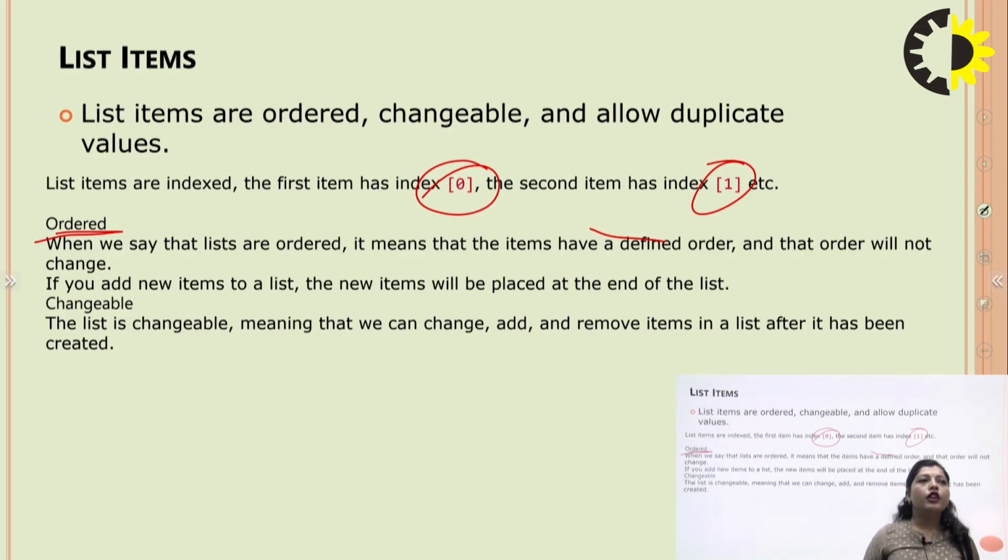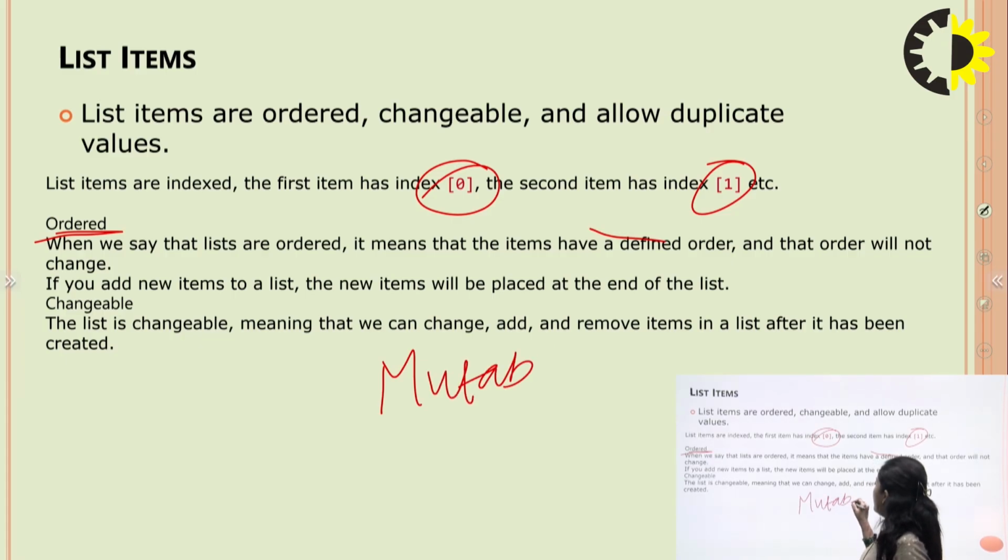If you add a new item to a list, the new item will be placed at the end of the list. And the list is changeable, meaning that we can change, add or remove items in a list after it has been created, which means it is mutable. List is a mutable data type.